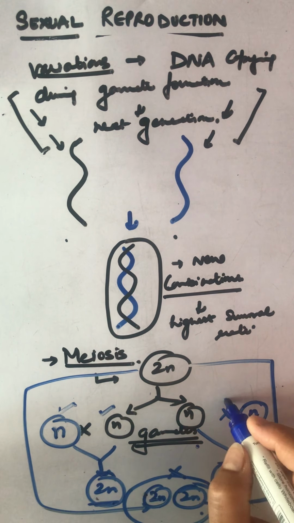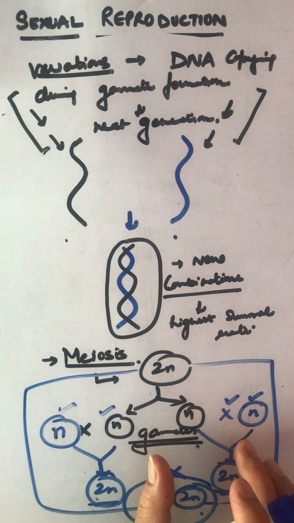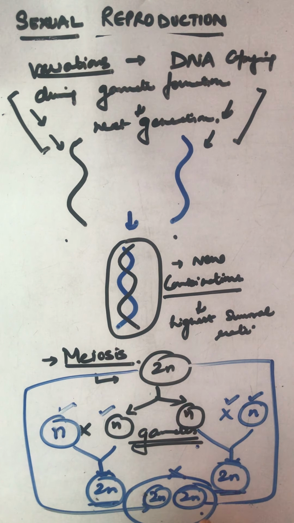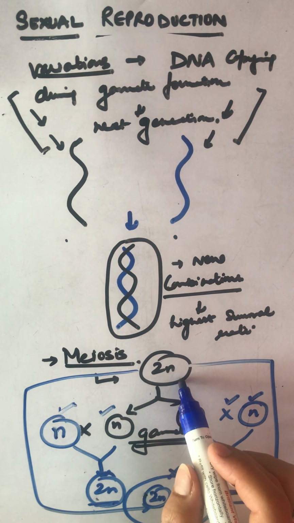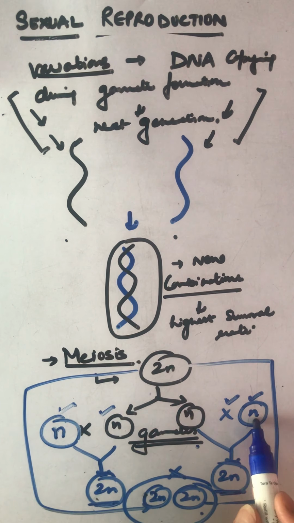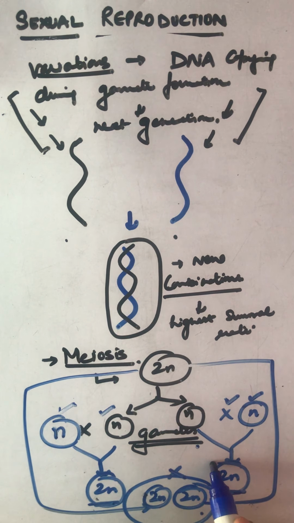And when the gametes are formed, they will automatically undergo pairing up to restore the same content. So during meiosis, the number of chromosomes first becomes half in the gametes and is then restored in the progeny once again. Alright, this is how sexual reproduction is explained.